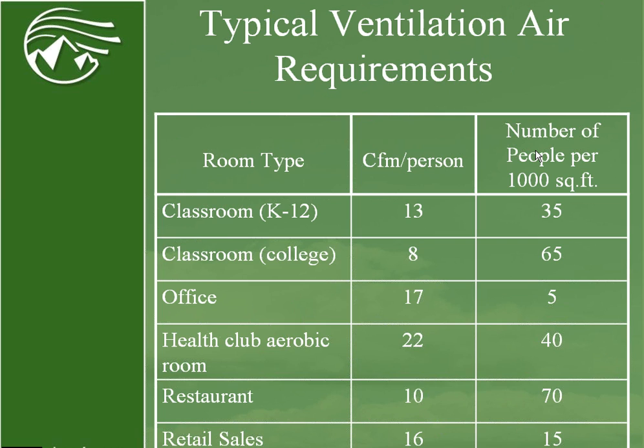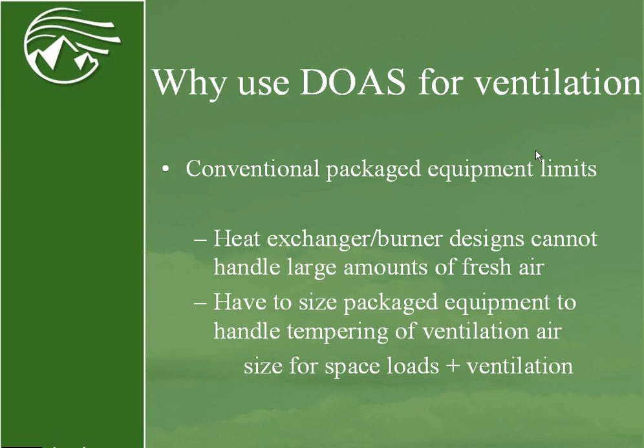Now, that's a lot of air that you have to be able to heat and cool and temper so you can bring it in. So this is a great application where we would look at a dedicated outside air system. And we would have to do that because if you look at conventional equipment, like a conventional rooftop unit, these units aren't made to bring in that amount of outside air. First of all, the heat exchangers and burners aren't designed for fresh air.